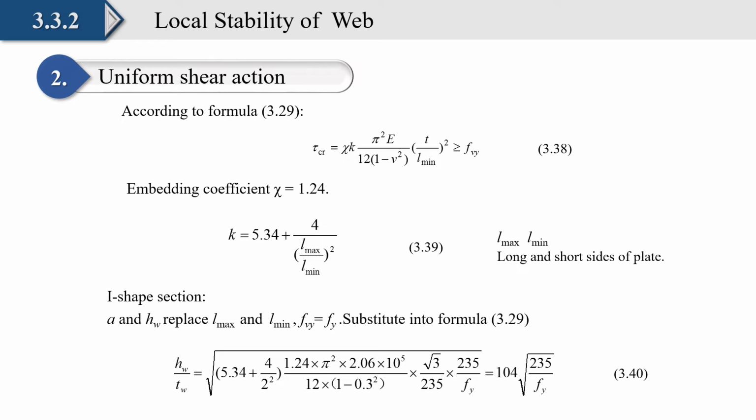According to formula 3.29, tau critical could be expressed as formula 3.38. The embedding coefficient Kc equals 1.24. We can obtain K as expressed in formula 3.39, where Lmax and Lmin stand for the long and short sides of the plate.